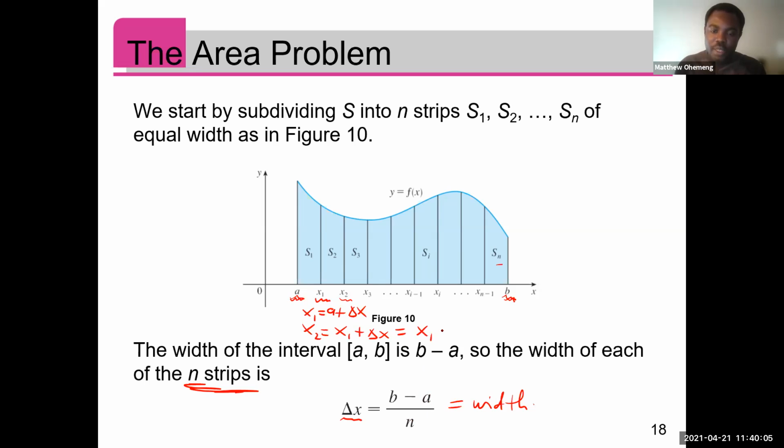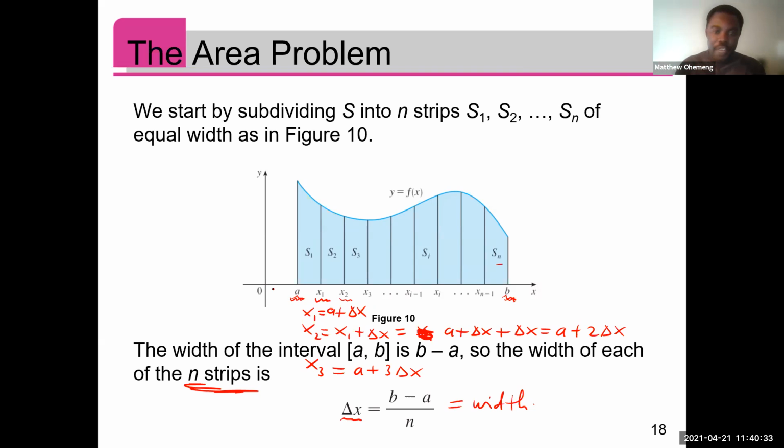Well, x1 is equal to a plus delta x, and then we have another delta x. So that's just going to be a plus 2 delta x. And then x3, looking at the pattern, will be a plus 3 delta x, and so on and so forth, right? Because we keep adding the width so that we get the next point. Okay, so please, are you okay on that point?